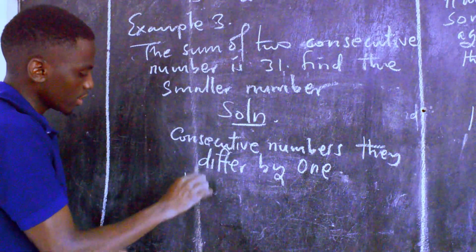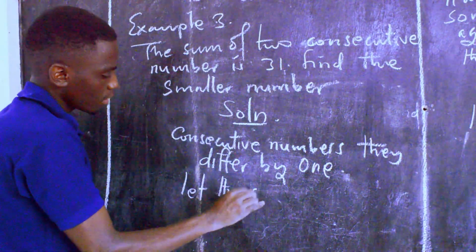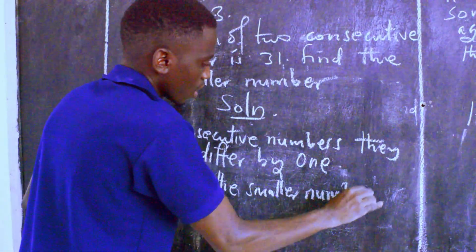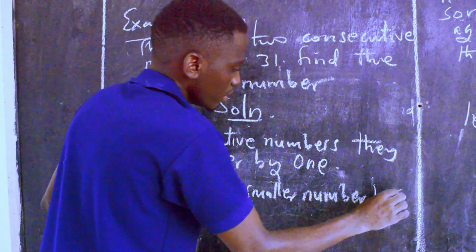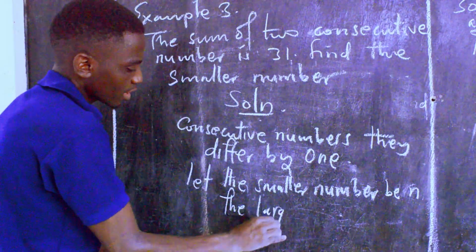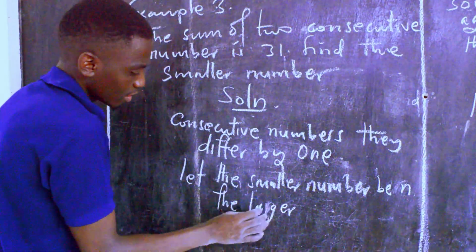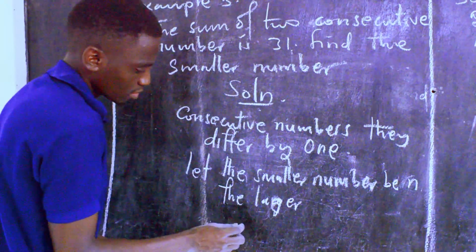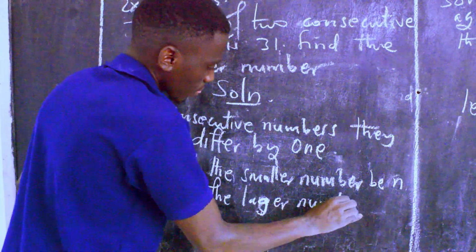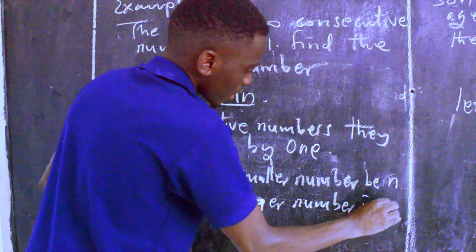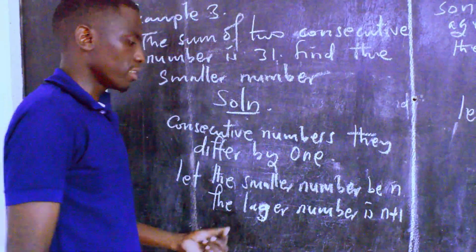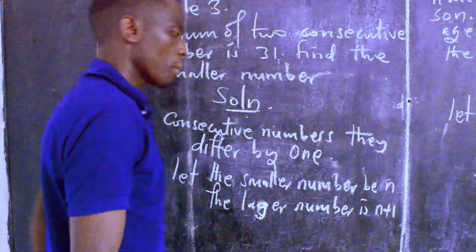So let the smaller number be n. Then the larger number is n plus 1.